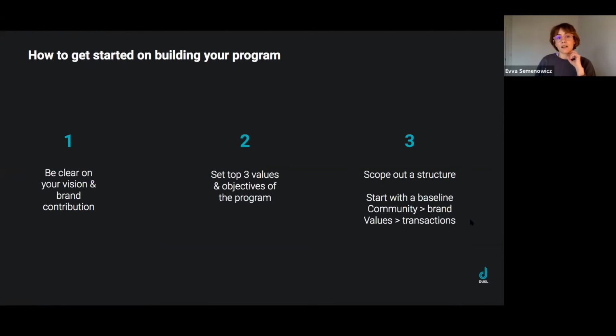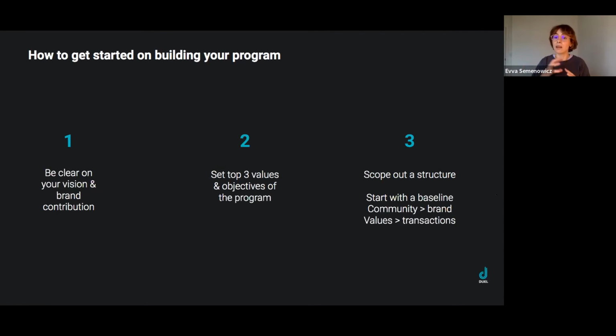Now, in terms of getting started on building your program, there are three very clear steps, and I'll share in just a second a template that we work through with our brands. Effectively, it starts with being really clear on your vision and brand contribution. What I mean by that is, beyond the product and service that you're offering, what is it that you're bringing to people's lives, and how can you unite the community?